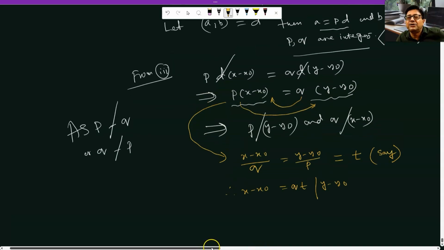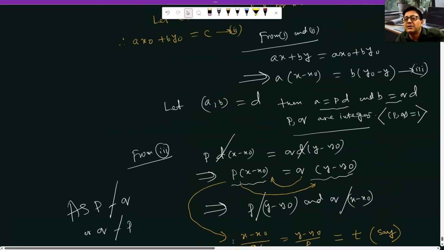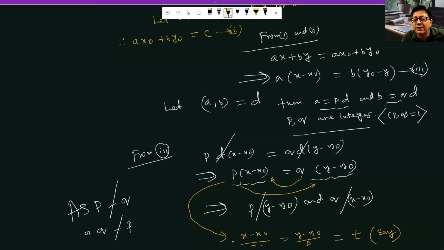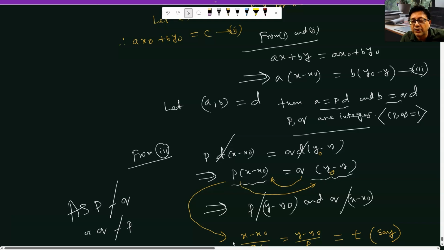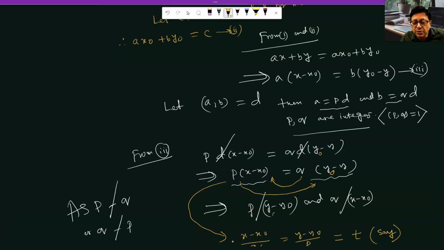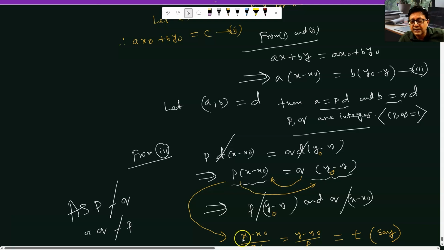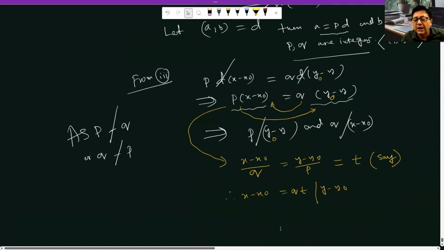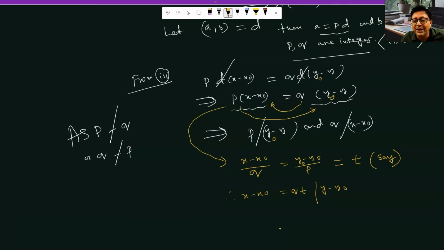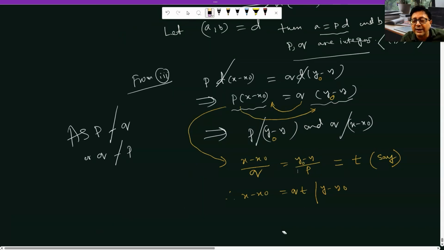Y minus y0. Wait a minute. Probably it is going to be y0 minus y. So it is not y minus y0; I copied it wrong from the previous step. It will be y0 minus y. Let me correct this part. And here also it is y0 minus y.